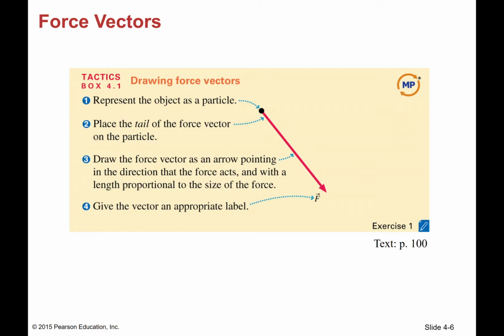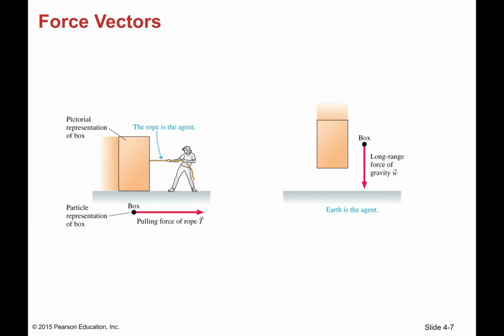How do we draw forces? Well, forces are vectors, so to draw forces, we are going to use the same techniques that we use to draw vectors. We are going to use arrows to specify forces. There's going to be a point where the force is applied. The length of the arrow is going to be proportional to the magnitude of the force. So basically, to draw a force, you just draw a vector.